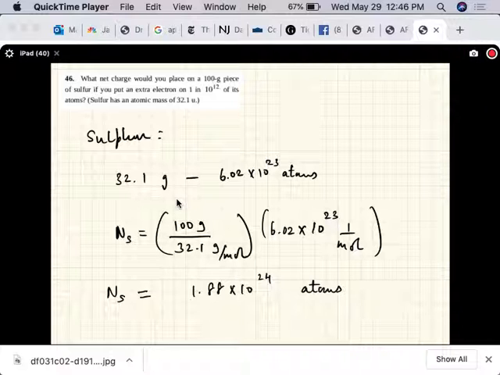Okay, what are you going to do? On every trillionth sulfur atom, you're going to put one extra electron. Okay, so let's figure out how many electrons you're going to put.